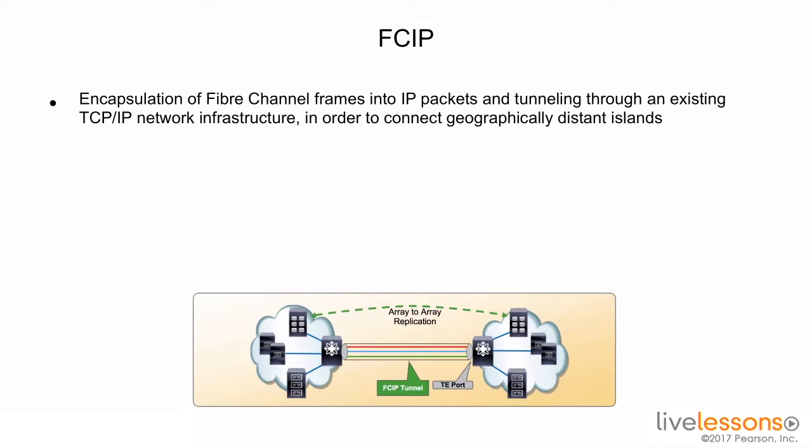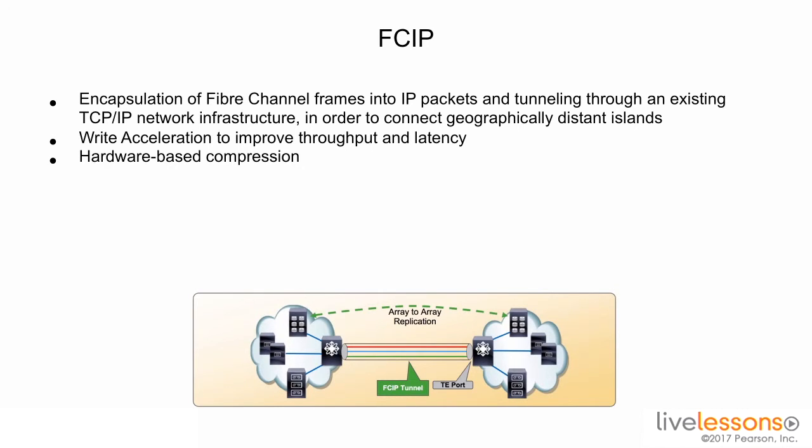So if I had 2 data centers that I wanted to connect with Fibre Channel, but the distances were too great for my buffer-to-buffer credits or the optics that I had, I could encapsulate that and send it over a layer 3 IP network until it got to the other side where I unencapsulated it and turned it back into Fibre Channel. I can also take advantage of features like write acceleration to improve throughput and latency, and hardware compression to improve how much data I can fit in the pipe, as well as security features like IPsec encryption.